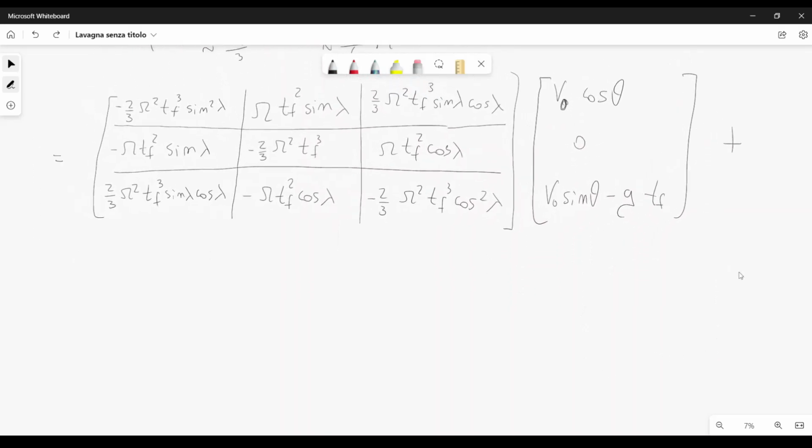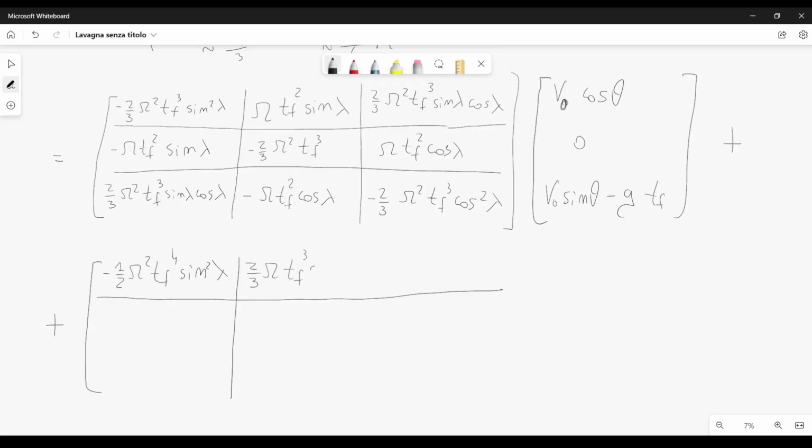It's very similar to the matrix above. Some constants will differ, but they will be very similar. So we have minus 1/2 omega squared TF to the fourth sine squared lambda. Then you have 2/3 omega TF cubed sine lambda.